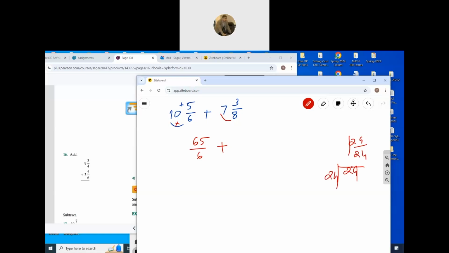So we did 24 here, which is 1 and 24 and 5 here. So you could write the answer is 1 and 5 over 24. But if I'm going to go back, I'm going to say, okay, 24 times 1 plus 5, which is 29 over 24. Okay, exactly the same thing. So right now here we are doing 8 times 7, which is what?